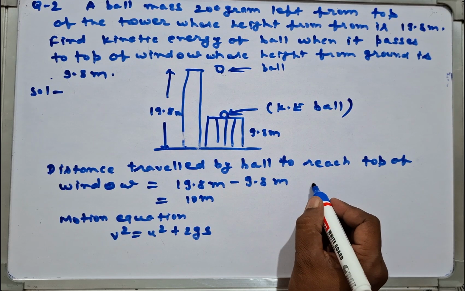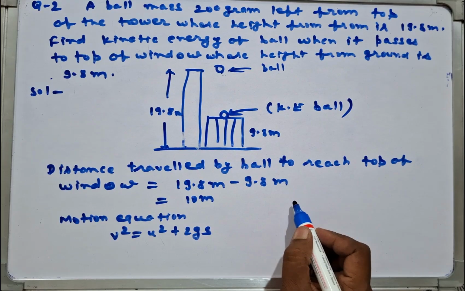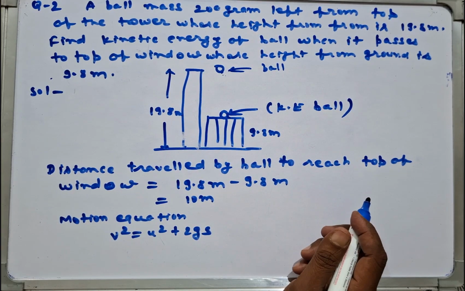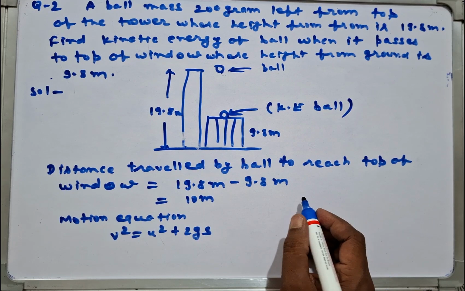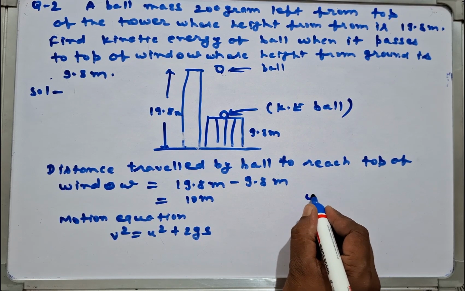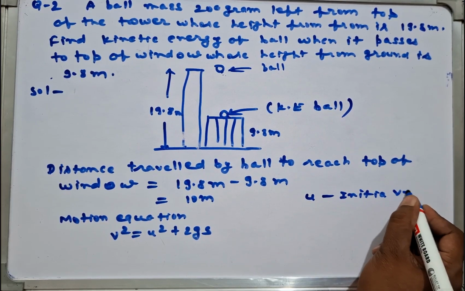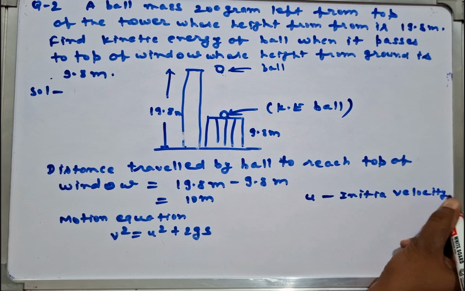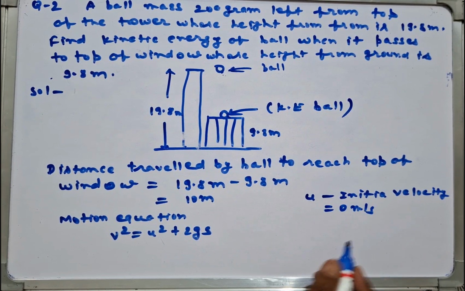So guys, when the ball left the top of the tower, its initial velocity u will be 0 meter per second.